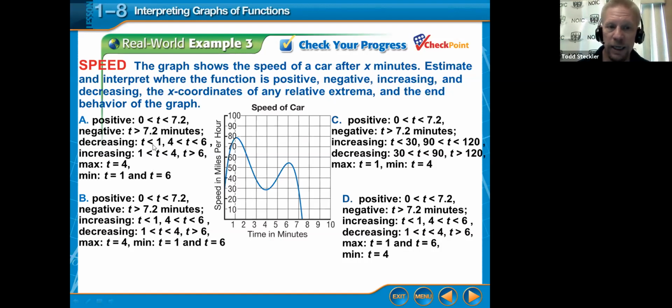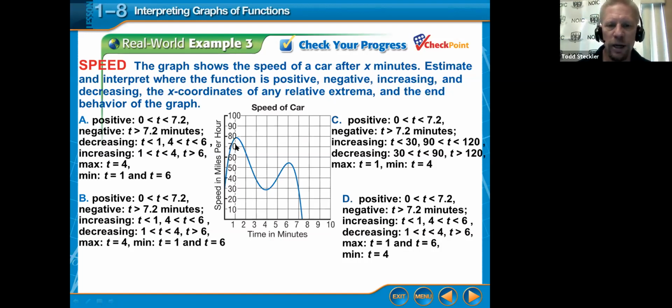A is incorrect because it says that the function was decreasing when t is less than 1. So A is out. Letter C is also out because it says t is less than 30. This graph doesn't even go up to 30 minutes. So C is out. And now letter D is possible because it says the graph is increasing when t is less than 1. So it's between B and D.